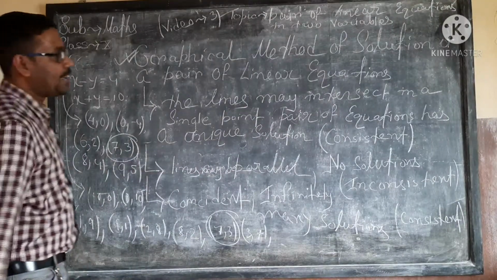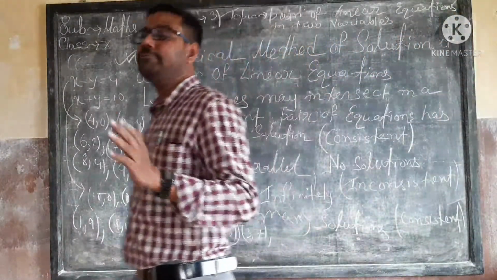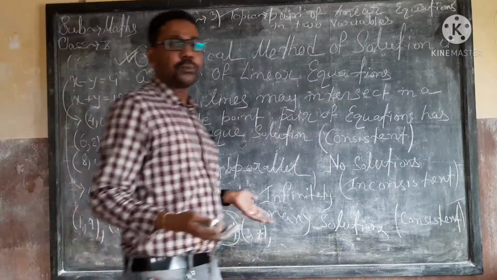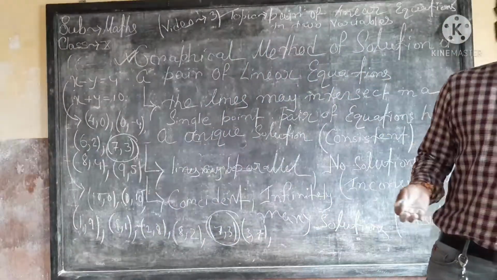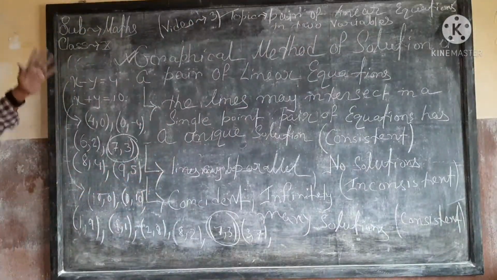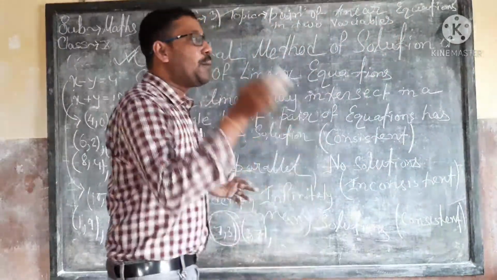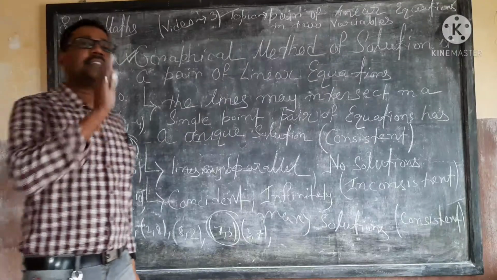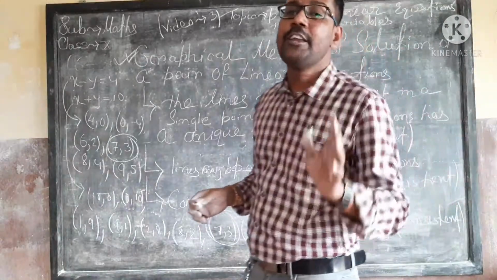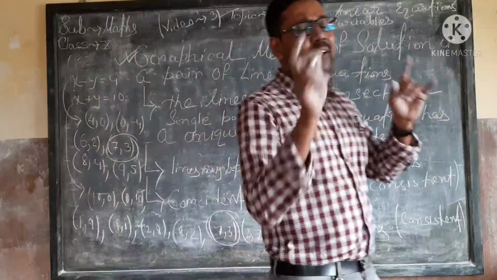But there is no hard and fast rule that every time you get only one solution. You can get more than one solution, that means an infinite number of solutions, and you can also get no solution. So in this graphical method of finding the solution of linear equations, three criteria also arise. These three criteria depend on three possibilities when we draw the two linear equations on the same graph paper.